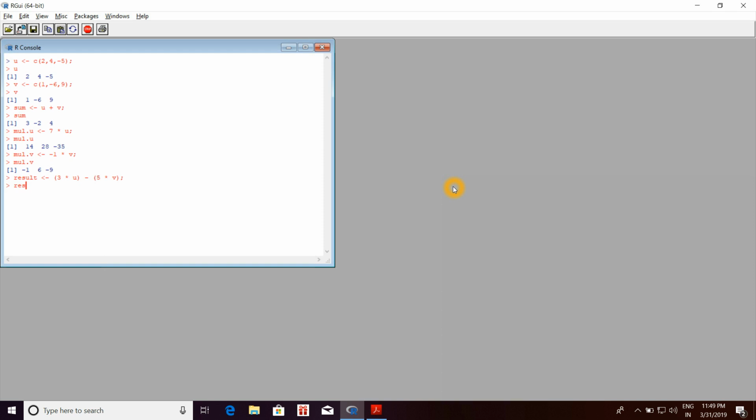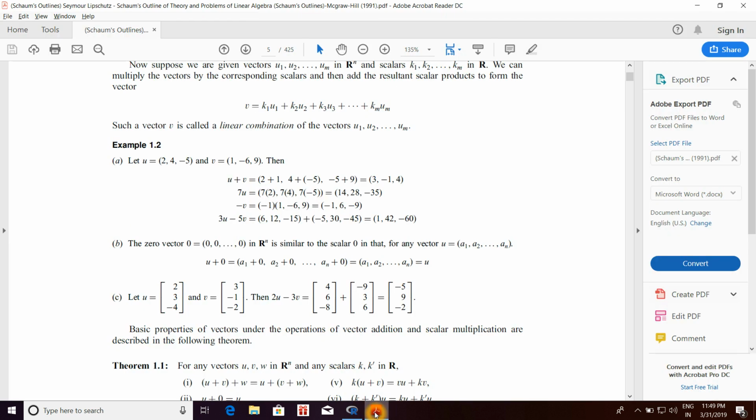Then result will be 1, 42, minus 60. So 1, 42, minus 60.